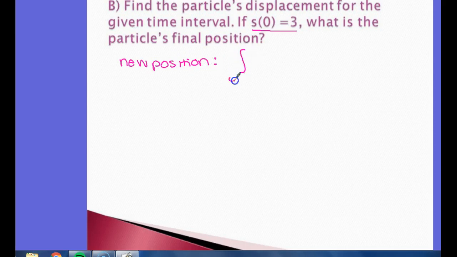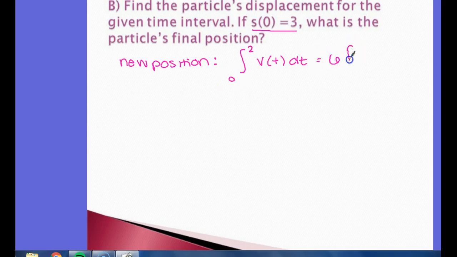So we want to find the integral from 0 to 2 of v of t dt. So the antiderivative of velocity, once again, because I pulled out that GCF of a 6, you can keep that 6 pulled out because it's a constant.